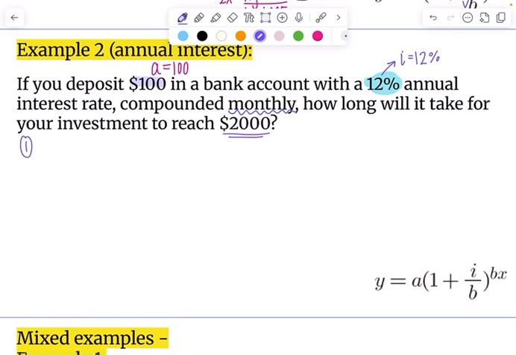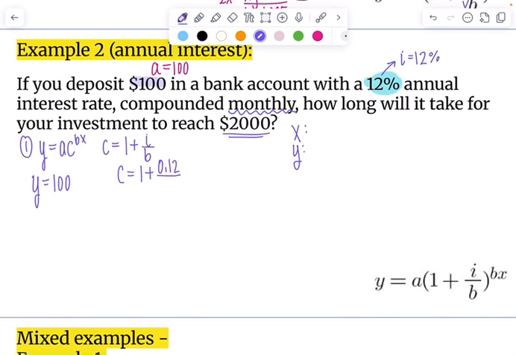Right, so first you're going to set up your equation. And your C is 1 plus your interest over B. So your A value we know is $100. And your C value we can calculate here. 1 plus the interest is 12% as a decimal, 0.12, divided by B. Now B we didn't really discuss because X we have to determine the unit of time.